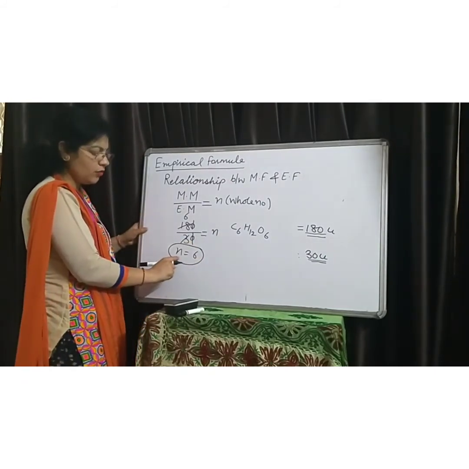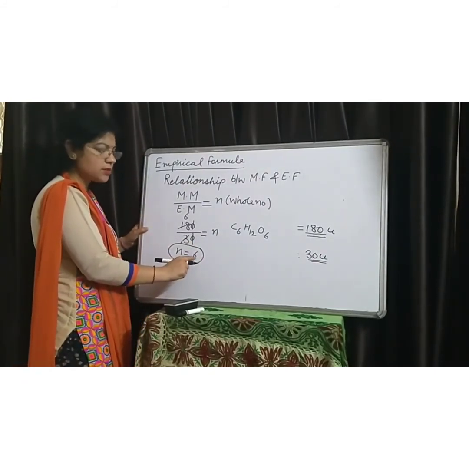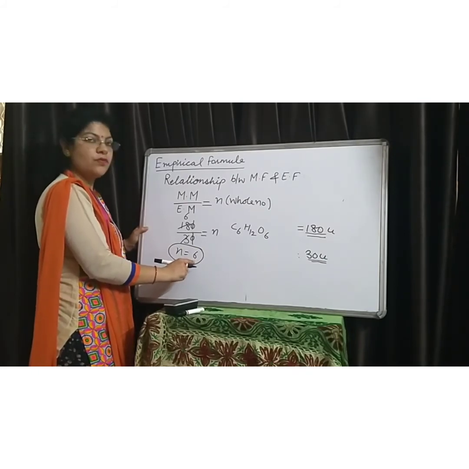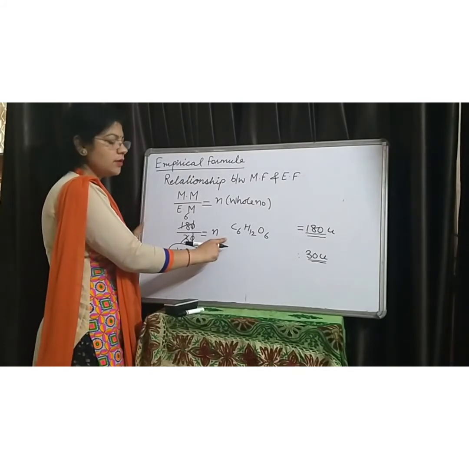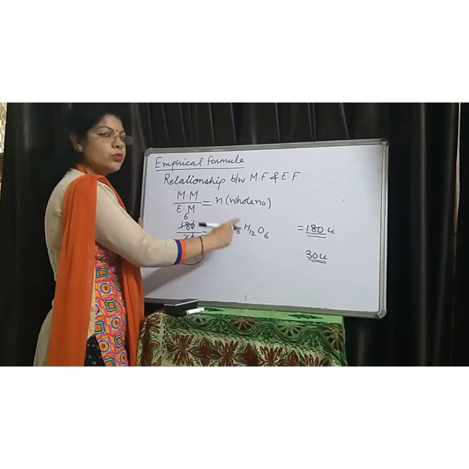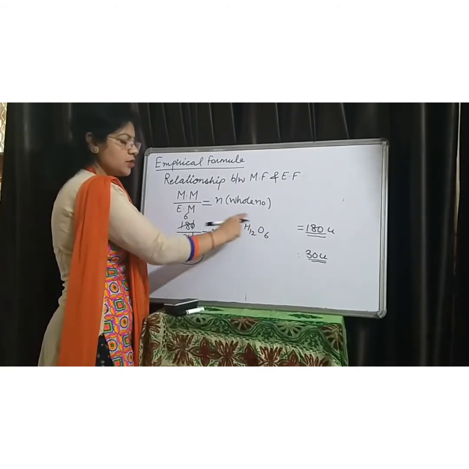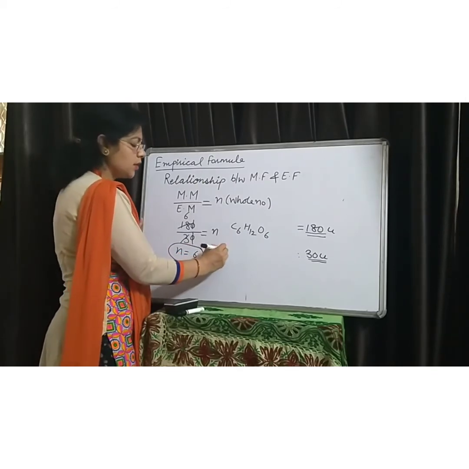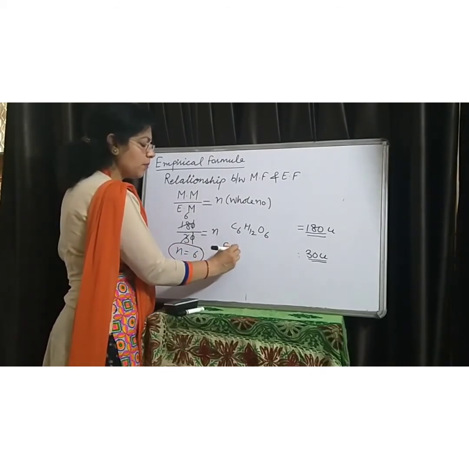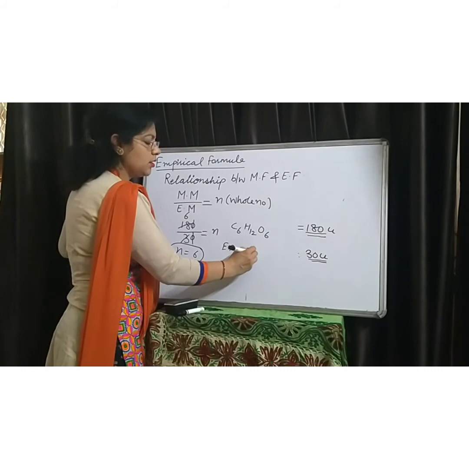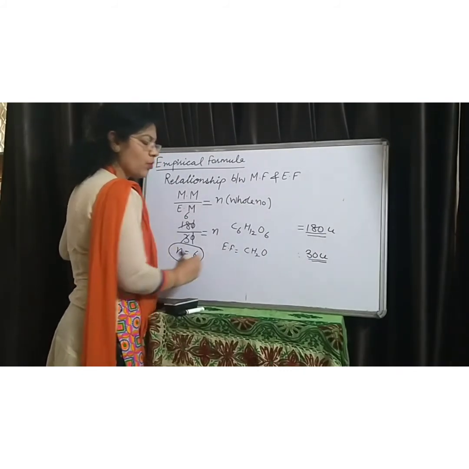As the value of n is 6, here 6 is that factor by which we have to divide the molecular formula to get the empirical formula. If we divide this formula by 6, we get the empirical formula of the compound, that is CH2O.